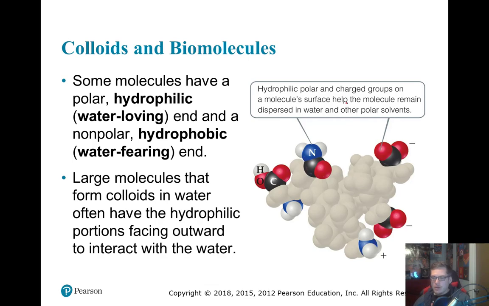Okay, colloids have lots of interesting applications. Okay, and so this guy here is a colloid, but notice that we've got some areas here that are polar and nonpolar. They refer to them as hydrophilic ends versus hydrophobic ends.